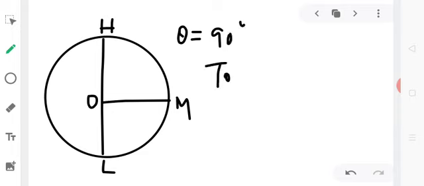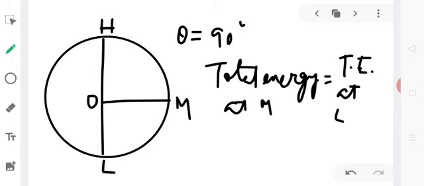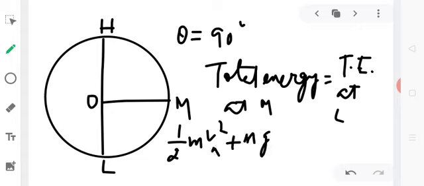So total energy at M will be equal to total energy at L. So we can write down half m Vm square plus mgr is equal to half m VL square.